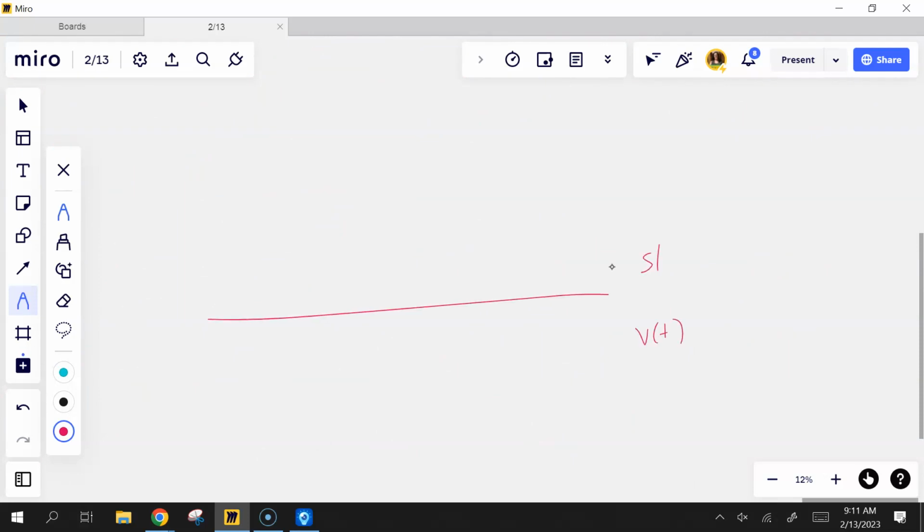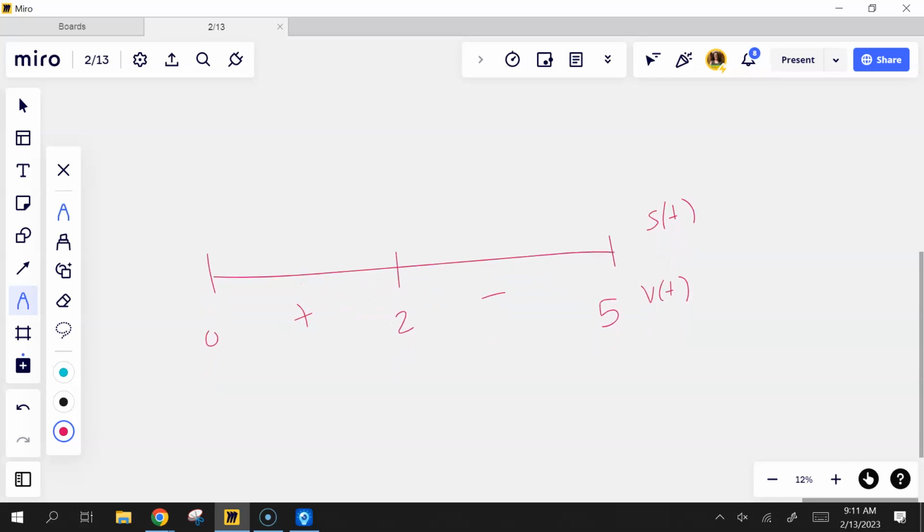Velocity, position. If it's always positive, it never goes negative. But let's say at 2, I was positive and then negative, for example. Then what I'd need to do is the integral from 0 to 2 of velocity. And then I'm going to do the integral from 2 to 5 of velocity.